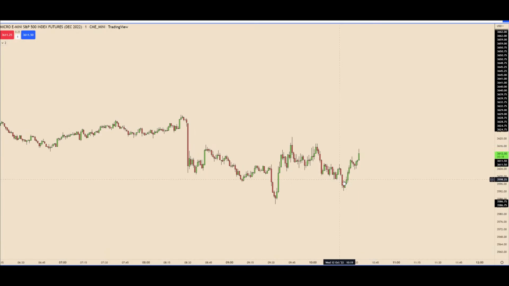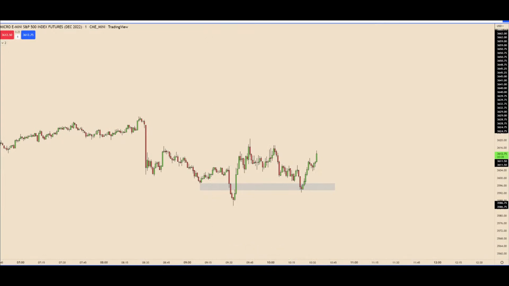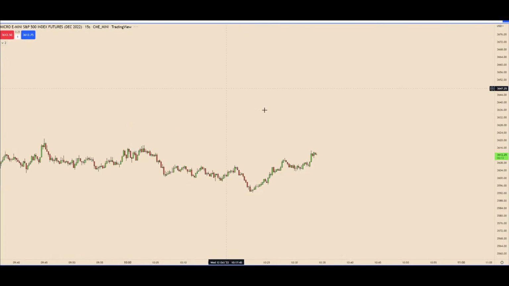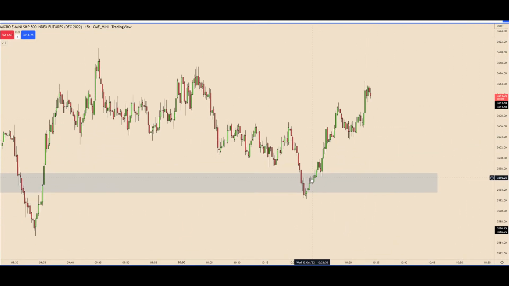So I guess we could have just taken that BPR and been fine. I prefer to wait for more confirmation, right? So have that BPR off the previous low. I prefer to have this BPR and then some sort of setup right in here, right? Then more confirmation entries, which I don't know if there was a real good, not a super great lower time frame setup right in here, right?